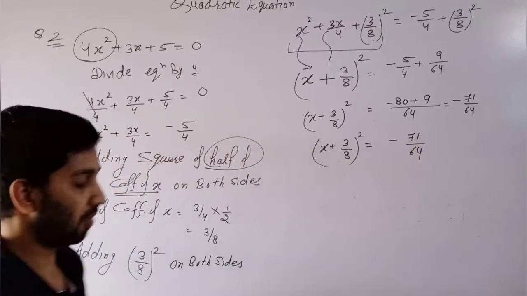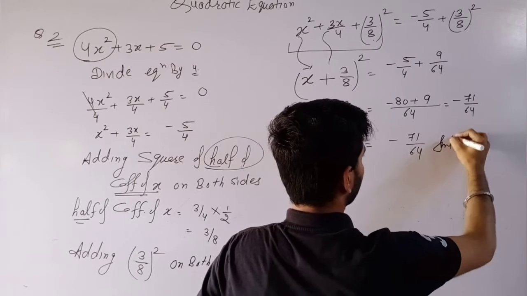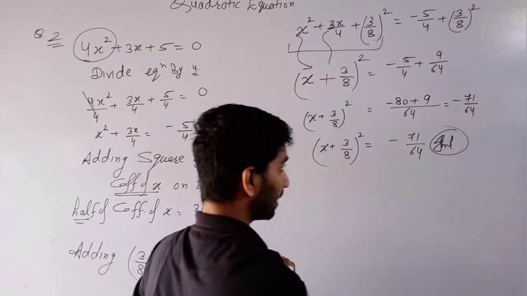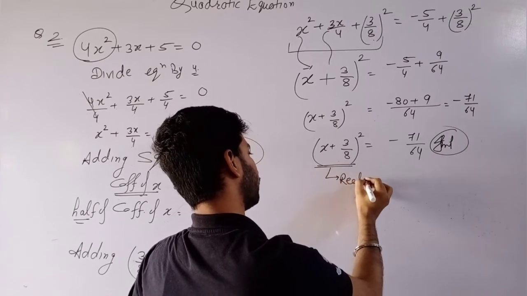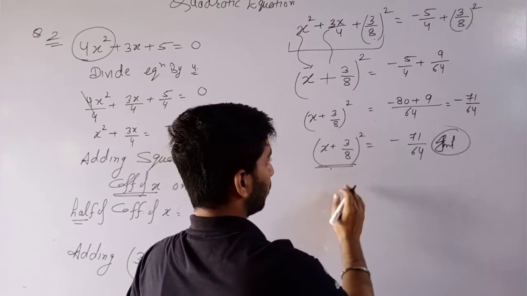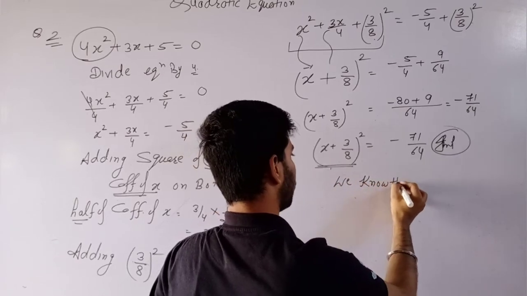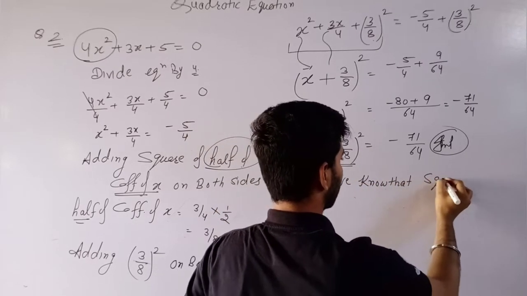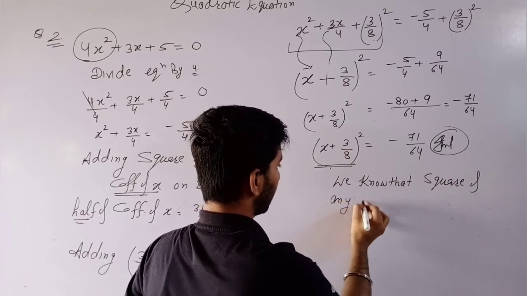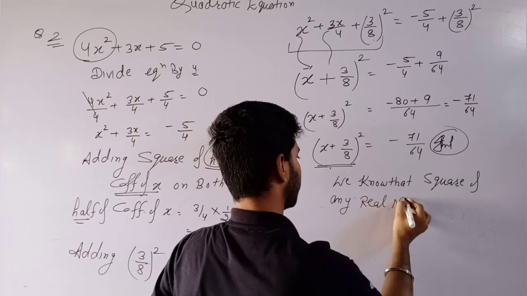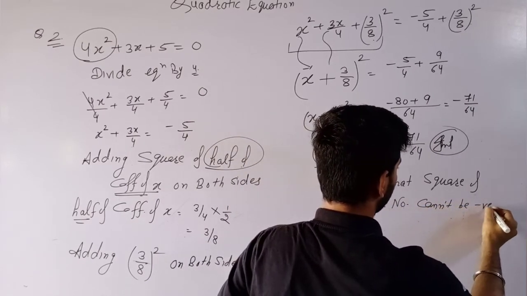Here we have an important result. What is the important result? It is a real number, and we know that the square of any real number cannot be negative.